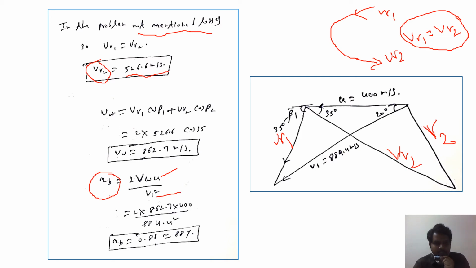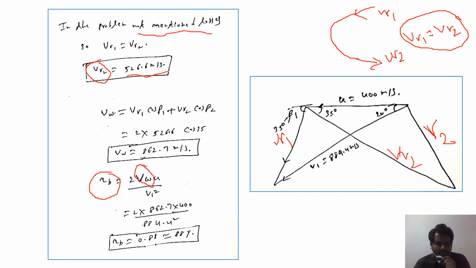In this equation we know the value of blade velocity and V1 absolute velocity. We don't know the value of the whirl velocity, so that we have to find out.